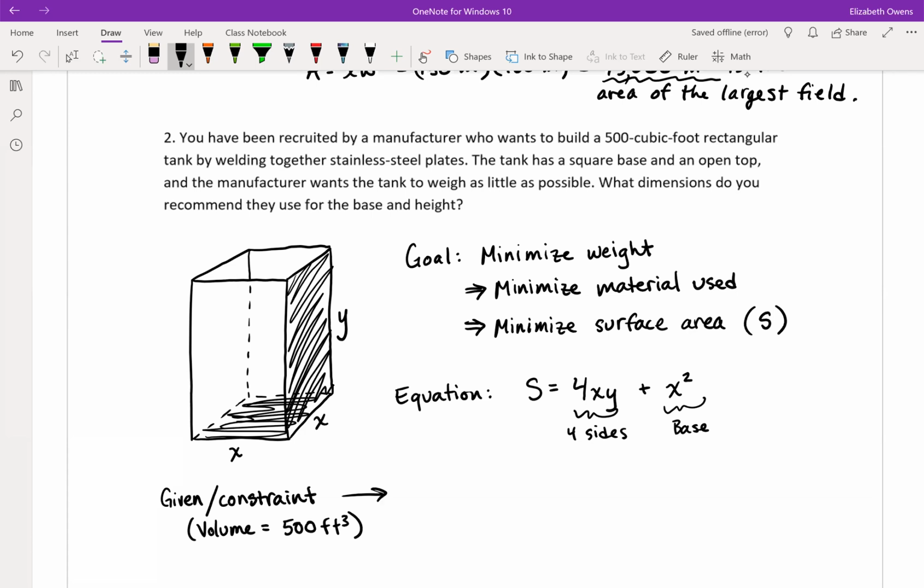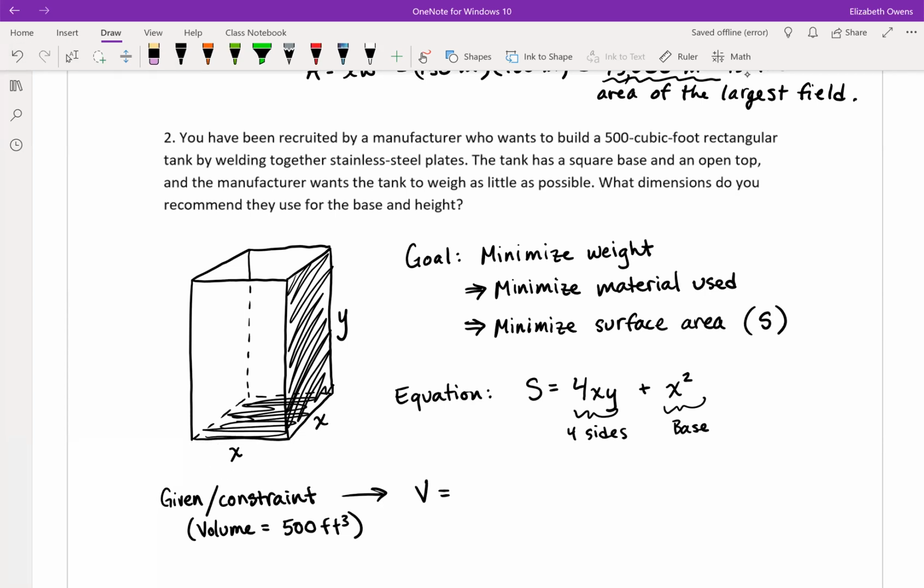All right, so the volume of this tank in terms of our variables would be length times width times height. That would be x times x times y.